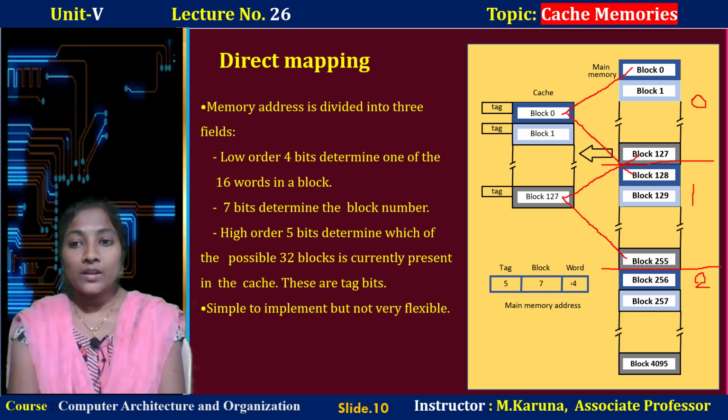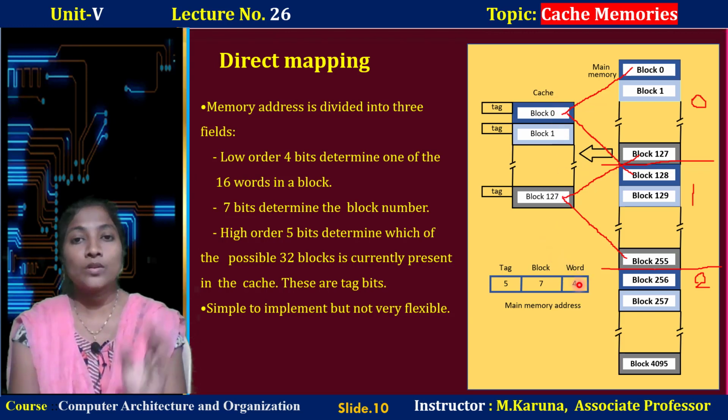The lower order 4 bits determine one of the 16 words in a block. Four bits are used to determine the memory locations: 2 power 4 equals 16 memory locations. So block 0 contains 16 memory locations.